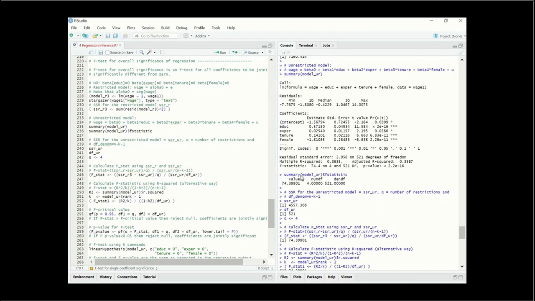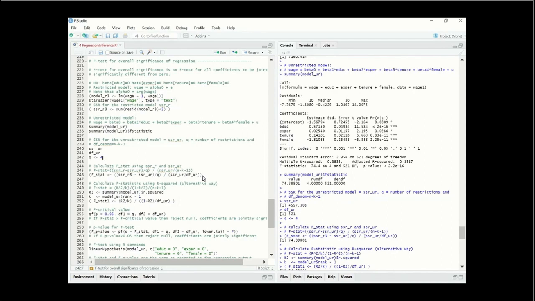We can also call summary on the model and then call the F statistic element, and this is basically the F statistic here as well. Okay, so to recap very quickly, we can do it the slow way, which is to estimate the unrestricted model. Now we have Q equals 4 degrees of freedom.